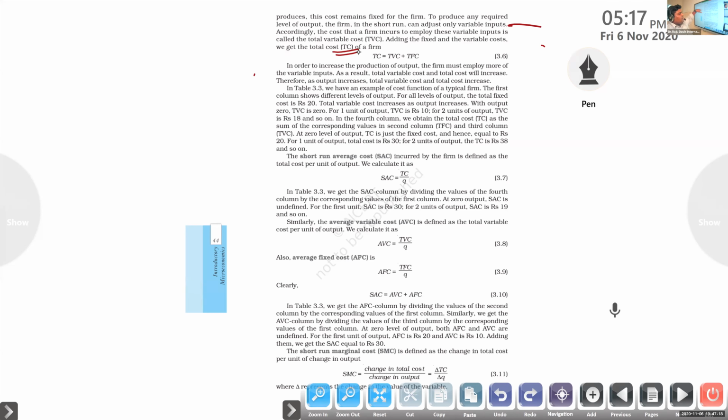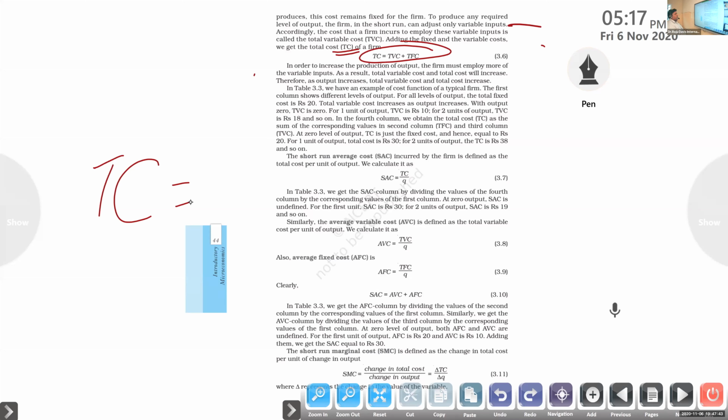Total variable cost plus total fixed cost. Any difficulty? Any trouble understanding this? So the total cost of the firm is equal to the total variable cost plus total fixed cost.